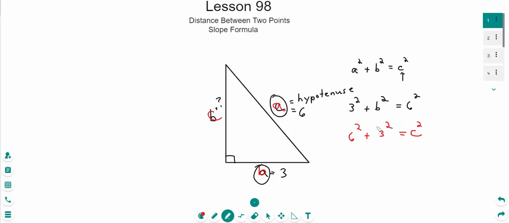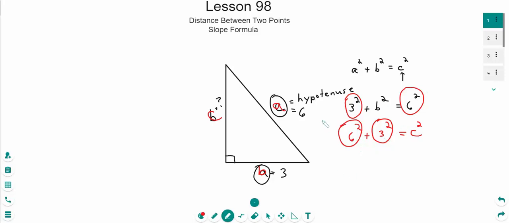But notice the big difference here. These two equations are not the same. Here we have the 6 squared and the 3 squared, the knowns, they're all on the left side of the equation. In this first equation, we have two knowns again. We have the 3 squared and the 6 squared, but they're on opposite sides of the equation. So these two are very different from each other.